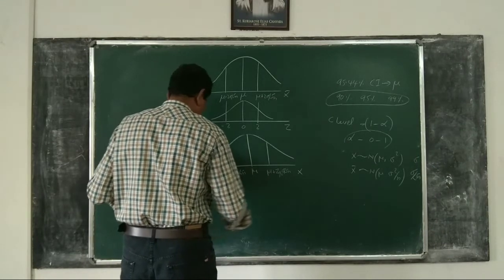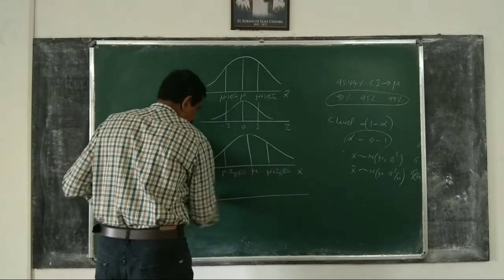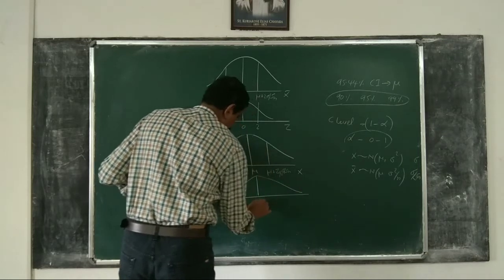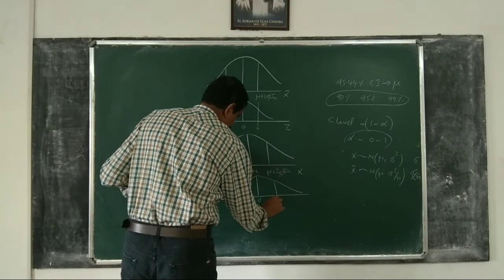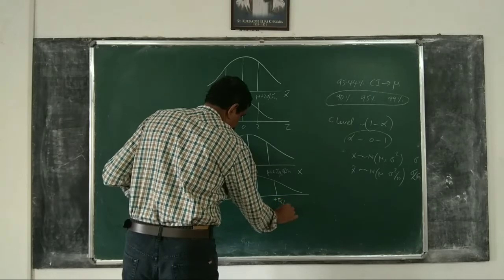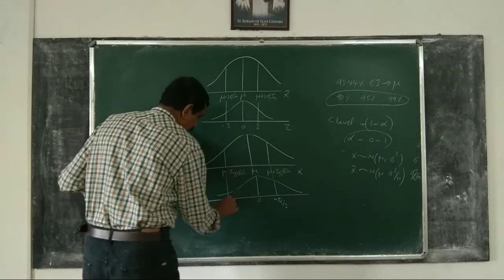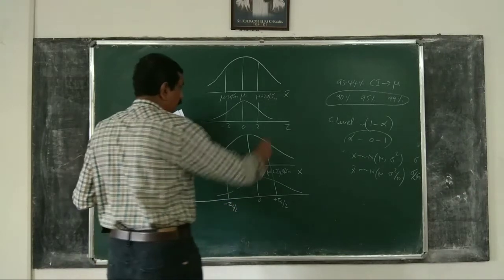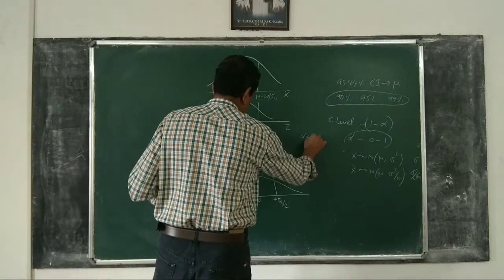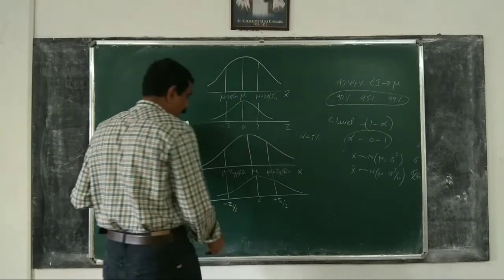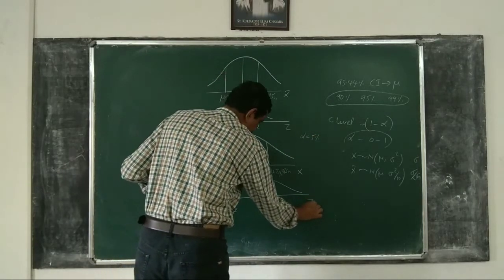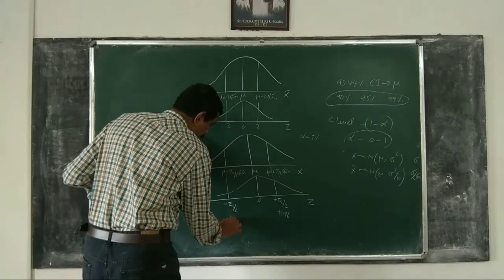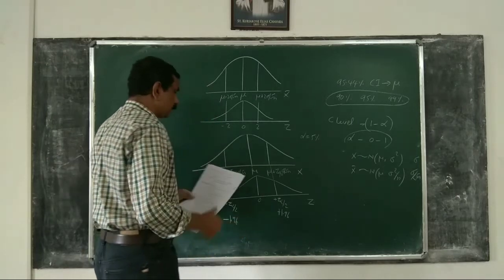And in terms of Z, this is 0, this is plus Z alpha by 2, and this is minus Z alpha by 2. If alpha is 5%, as an example, this value is plus 1.96, this value is minus 1.96.